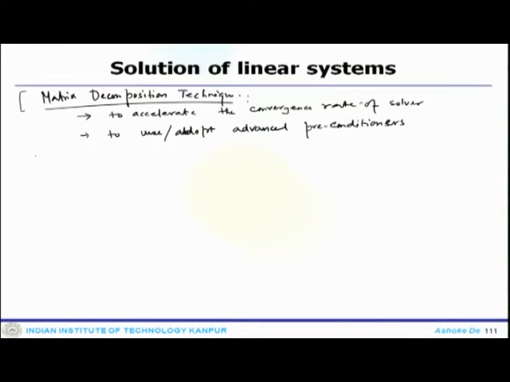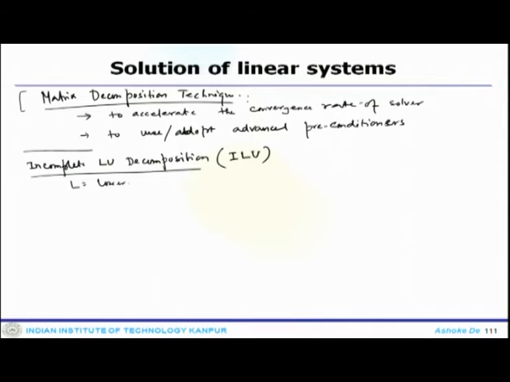The simple way to do that is to decompose the system in incomplete factorizations, and the first one we call incomplete LU decomposition, in some other way known as ILU.